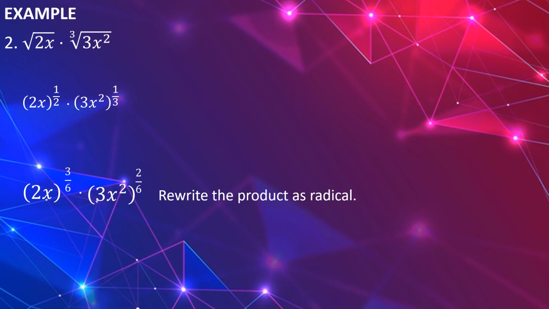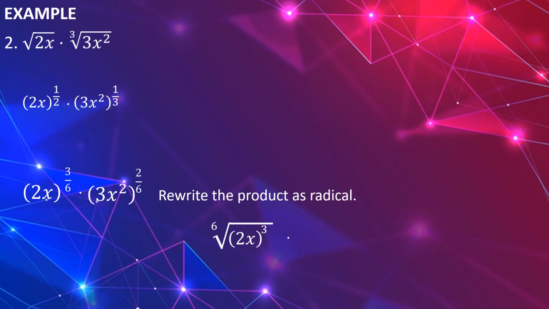We now rewrite the product as radical. We now write our radical sign. 2x will become our radicand, 3 will become the exponent of our radicand, and 6 as our index.